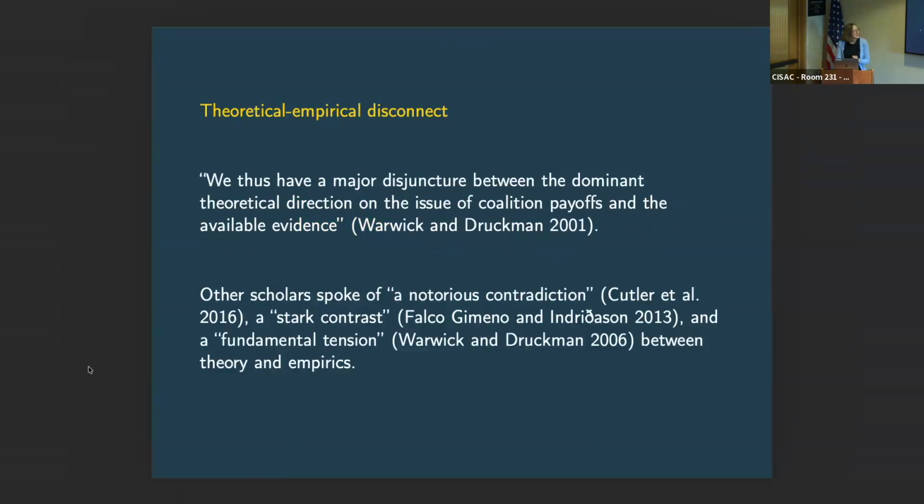Warwick and Druckman pointed this out to the literature in 2001, saying we thus have a major disjuncture between the dominant theoretical direction on the issue of coalition payoffs and the available evidence. Other people took this up, and some scholars spoke of a notorious contradiction, a stark contrast, a fundamental tension between theory and empirics.